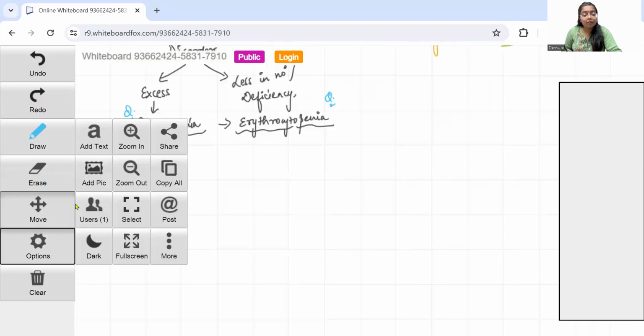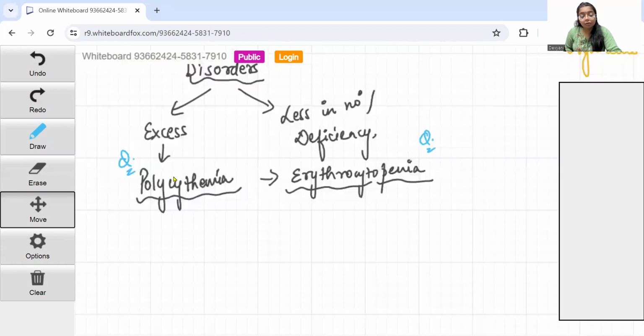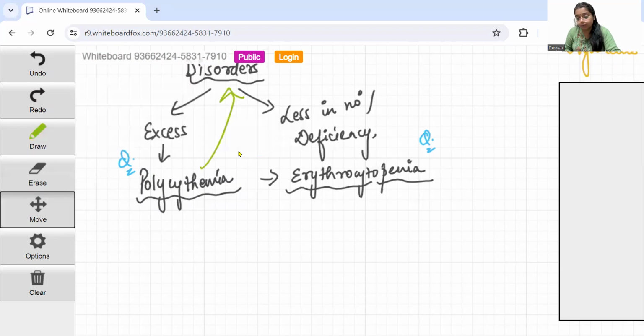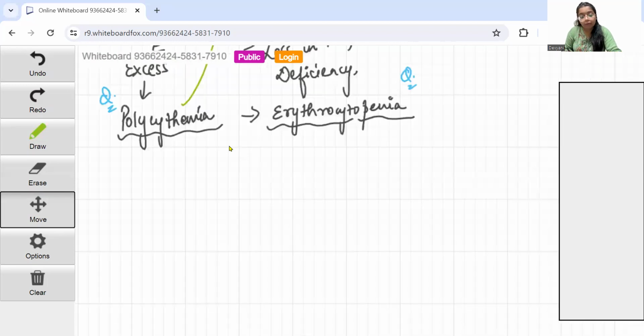But now tell me one thing, if the number of RBCs is more, what is the harm in that? Why are we saying that it is a disorder? Why have we put it in the disorder field? Because if the RBCs increase a lot in number beyond their expected value, it is going to increase the viscosity of the blood.